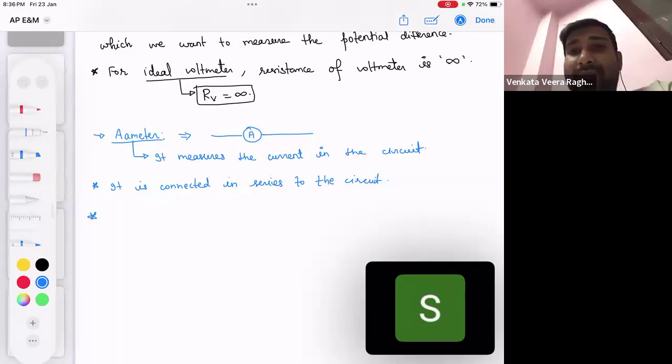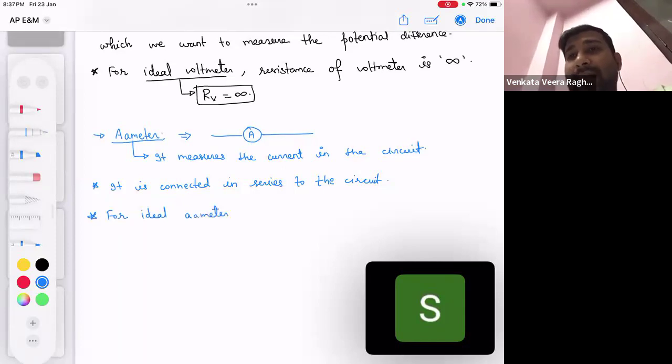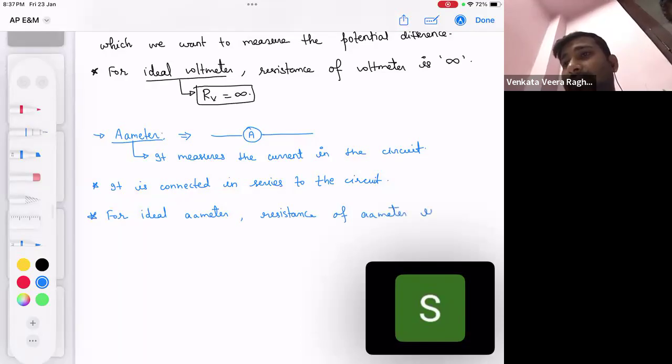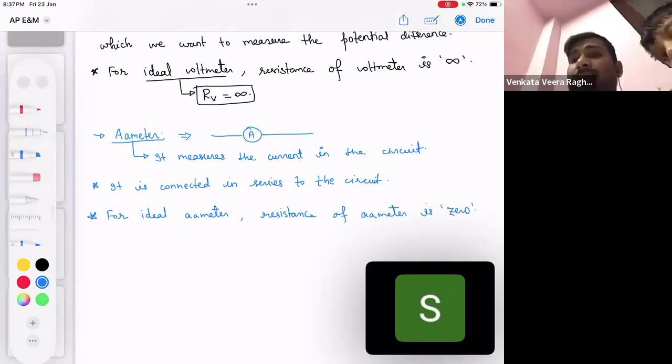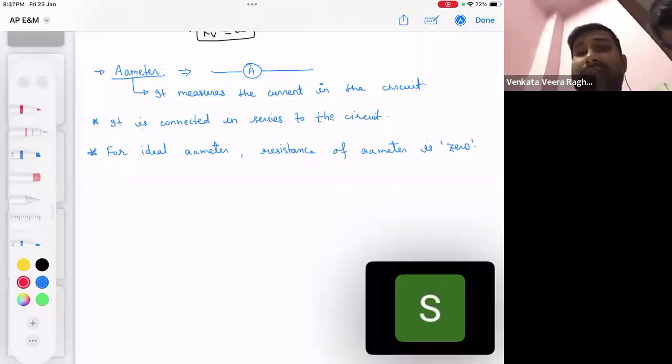So for an ideal ammeter, the resistance of the ammeter is 0. Understood?